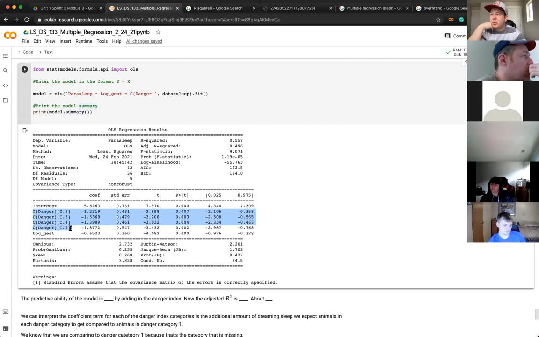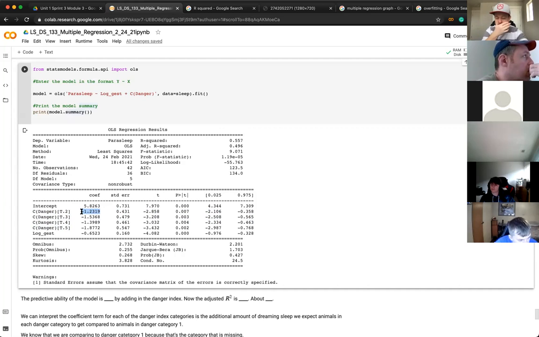When we use categorical variables like this, the danger level 1 has been omitted. It has been left out of the report here, and you can imagine that it's 0, right? And the coefficients for these other categories are relative to the sleep levels of level 1.